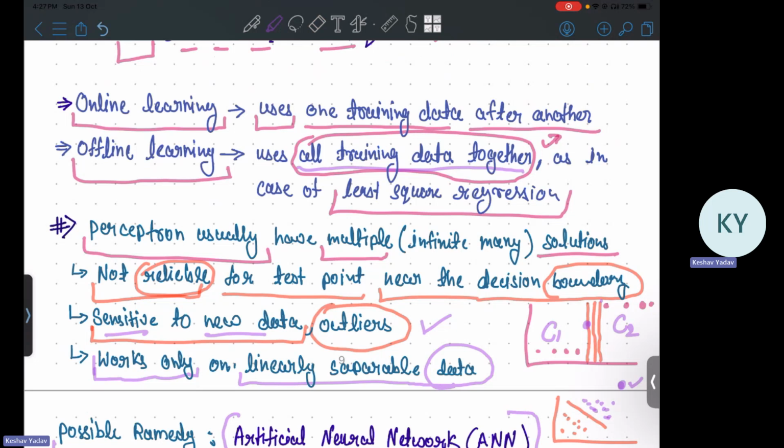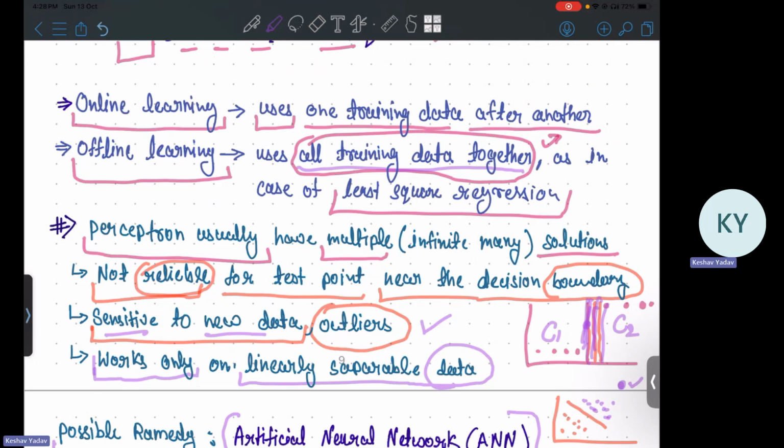Then we have seen the limitations associated with perceptron. The first limitation was that it has multiple solutions. So the dividing line, the boundary, is not unique. There are multiple boundaries, so the perceptron is not reliable close to the decision boundary.